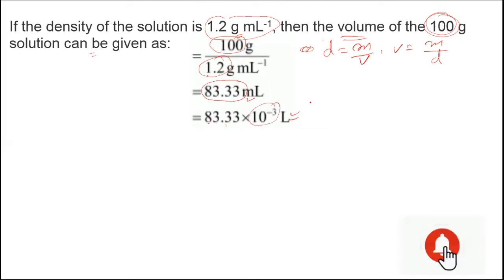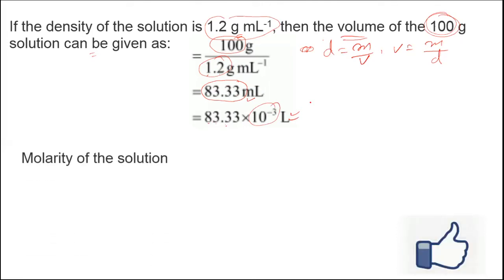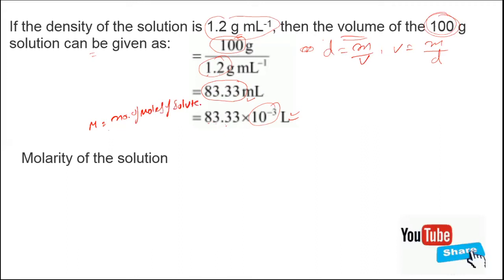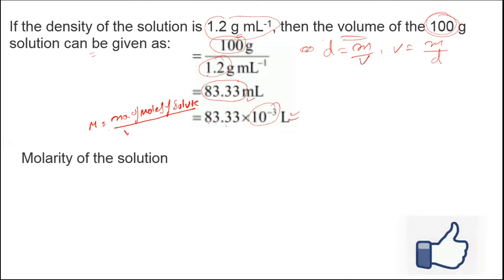liter. Now we will calculate the molarity. Molarity of the solution is equal to the number of moles of solute divided by volume in liter. So this is the volume in liter that we already have.